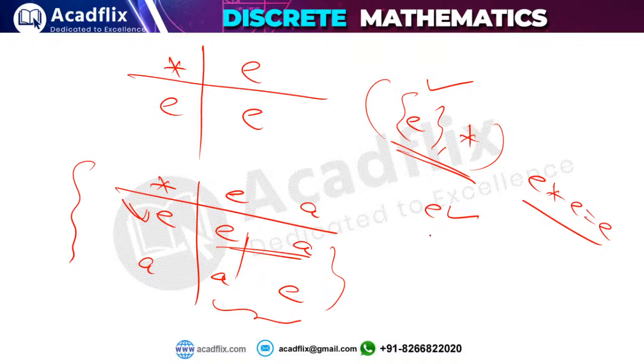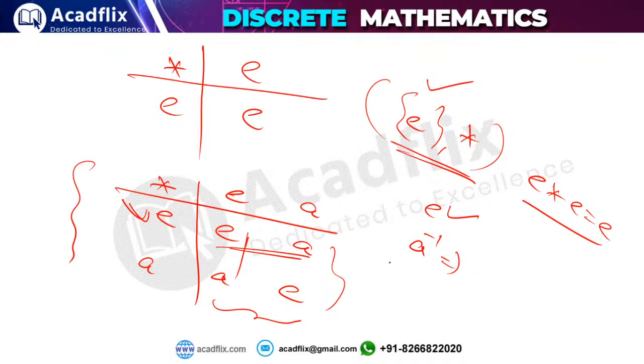The identity element is there, and it is closed. This is a group; it is associative also, and it has inverses also. You can just check it out very easily. For example, what is the inverse of A?